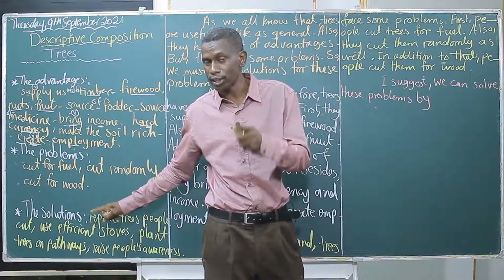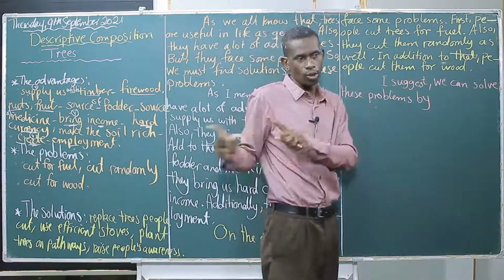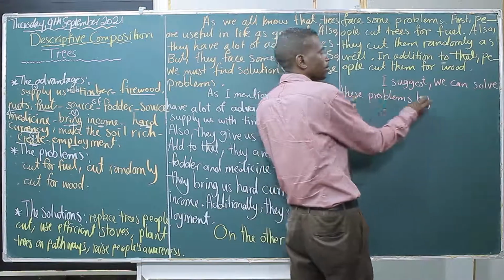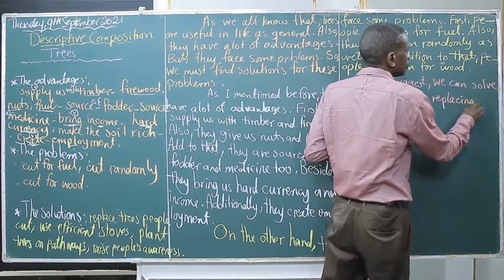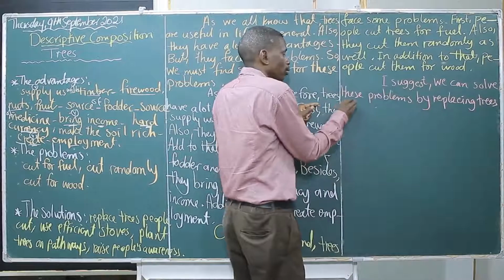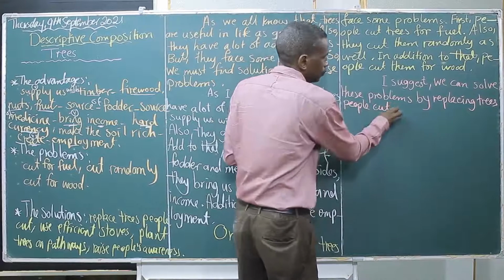So we have to change replace from a verb into a noun, the so-called gerund. We add ing to replace to become a noun. These problems by replacing trees people cut. Full stop.